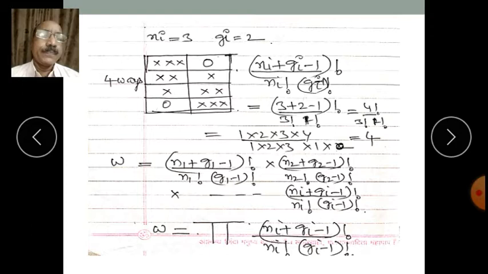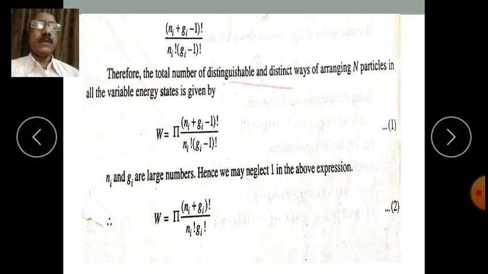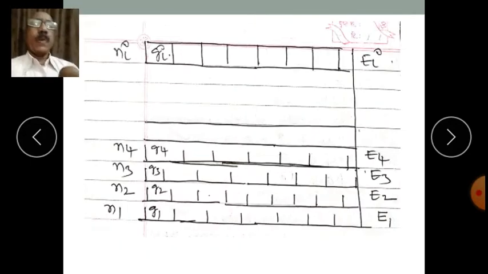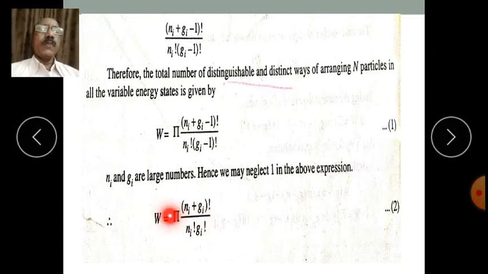The product runs over i equal to 1 to capital N. Therefore, if you take the natural logarithm of the above expression, we get log of W is equal to summation of log of Ni plus Gi factorial minus log of Ni factorial minus log of Gi factorial.